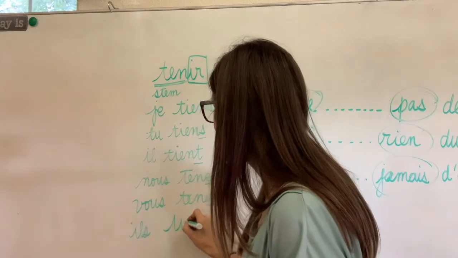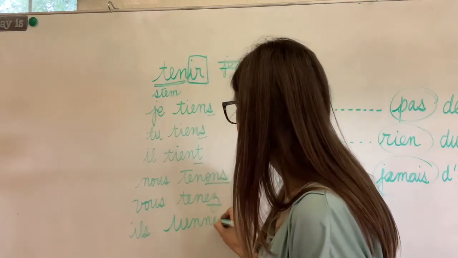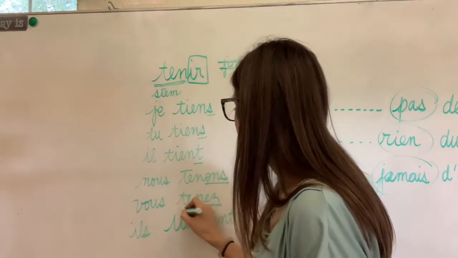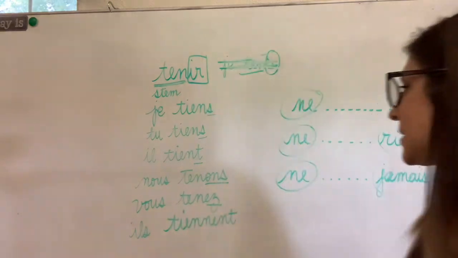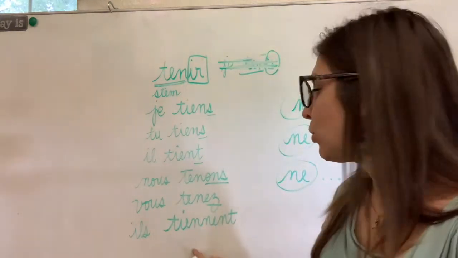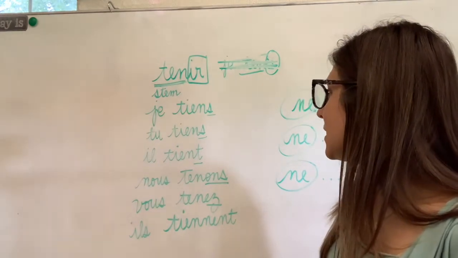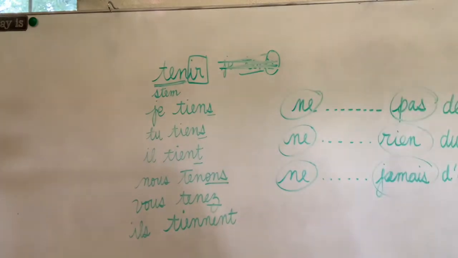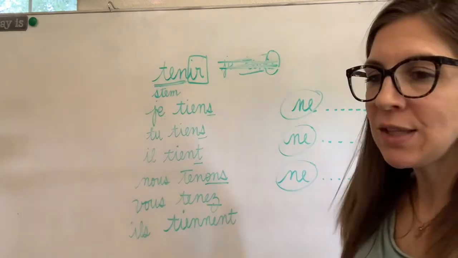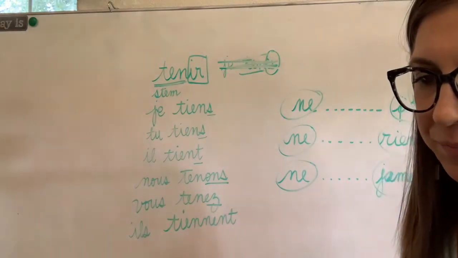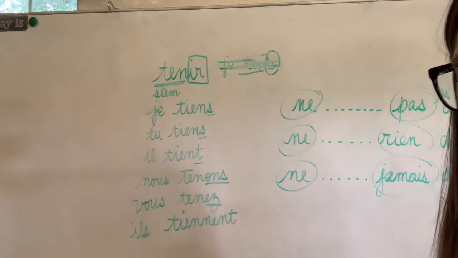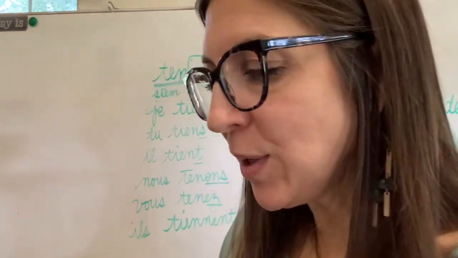And now it's not regular again. We add the I back over here. Je tiens, tu tiens, il tient, nous tenons, vous tenez, ils tiennent. All right, very good.